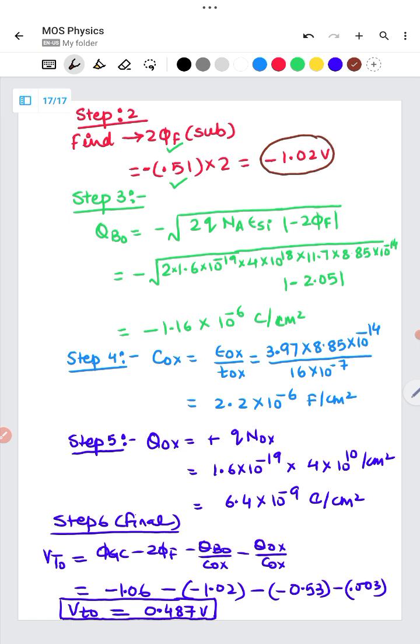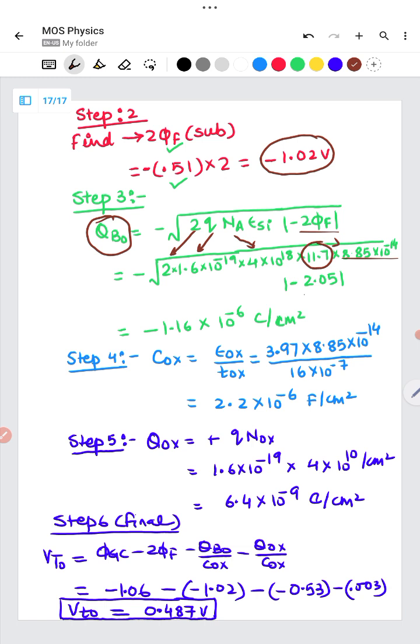Now in step 3, we need to calculate the QB naught. QB naught is, we know, minus under root 2 q Na epsilon Si and minus 2 phi f. When you put the values, you already know 2, you already know q, 1.6 into 10 to the power minus 19, Na is already given, 4 into 10 to the power 18, epsilon of Si is epsilon r 11.7 multiplied by the permittivity of the free space, which is 8.85 into 10 to the power minus 14 farad per centimeter, multiplied by mod of minus 2 phi f, which is minus 2.05.